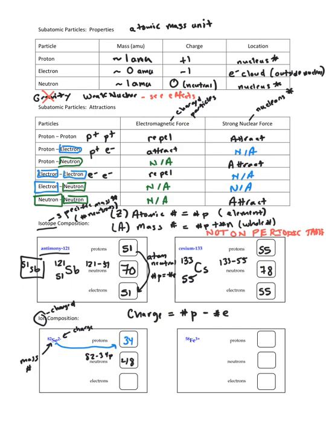For electrons, what I like to do is I like to think about first the sign of my charge, is it positive or negative? Here it's negative. That means I have extra electrons. The magnitude tells me how many extra. So a negative 2 charge means I have 2 extra electrons. So in this case, I have 36 electrons.